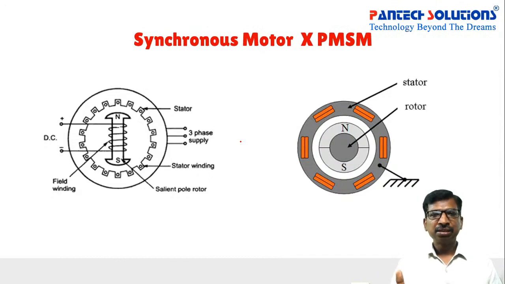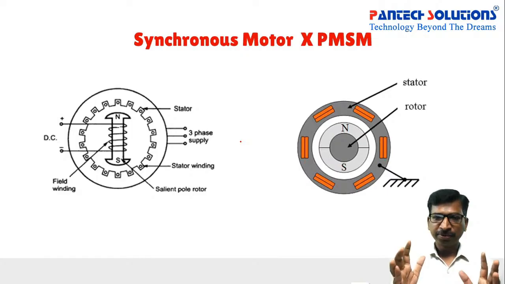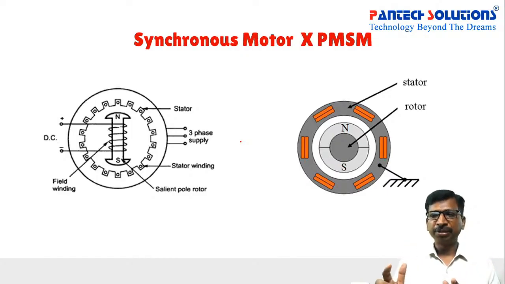By this principle, the rotor will catch the stator magnetic pole, and then it will keep on following the stator magnetic pole. So whenever you change the commutation of the stator supply, it will automatically change the direction. From this point we can understand how the synchronous motor differs from the PMSM.